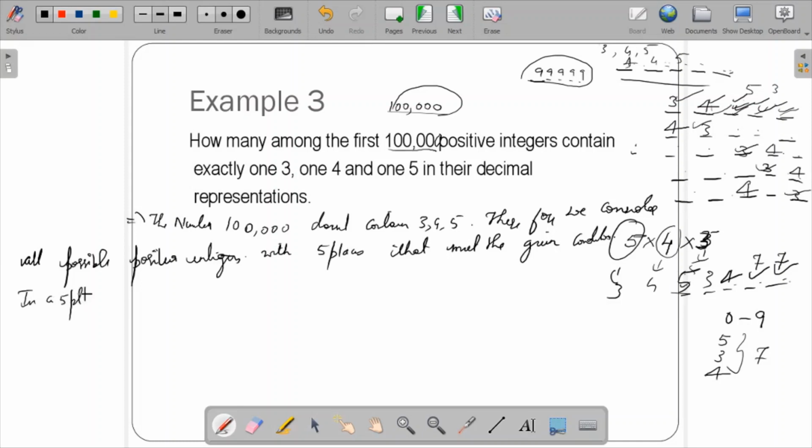In a 5-place integer, 3 can be in any one of the 5 places.